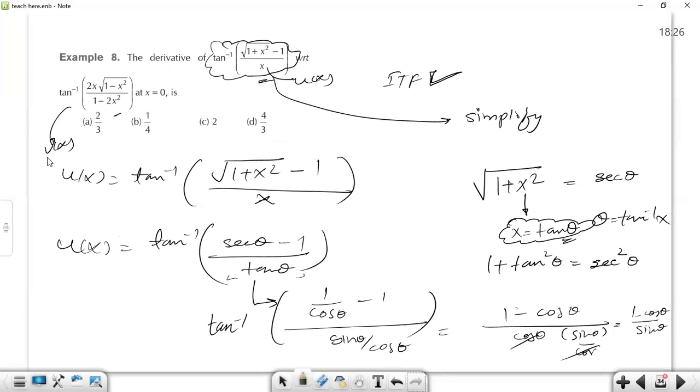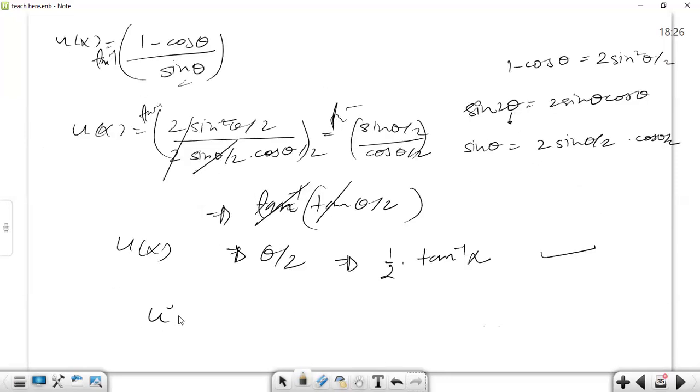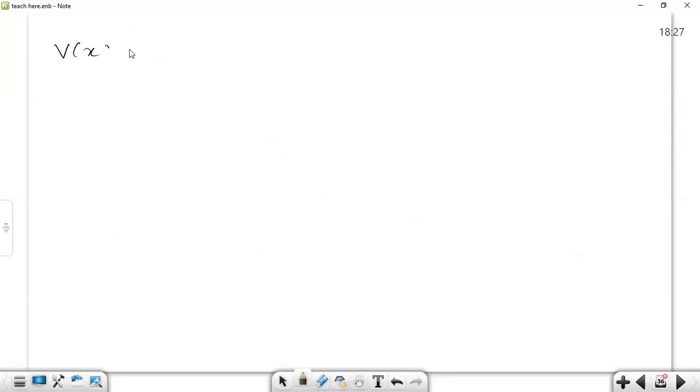So let's first differentiate u of x with respect to x, and then divide the derivative of u of x by the derivative of v of x. Differentiating u of x with respect to x, it will become half into 1 by 1 plus x square. Great. So let's now discuss v of x. Is this clear, everyone? Till yet, is everything clear?